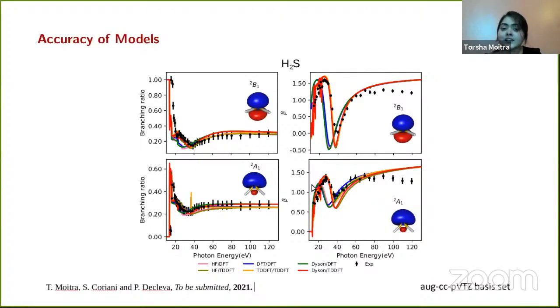And thus we expect to see, and experimentally it is also seen, that there occurs a Cooper minimum. Again, changing the description of the bound state does not make any difference, because the Dyson orbital is quite similar to the corresponding molecular orbital considered by Koopmans' theorem. But on moving from the B-spline DFT to the TDDFT approach, we now locate the Cooper minimum at the right position.